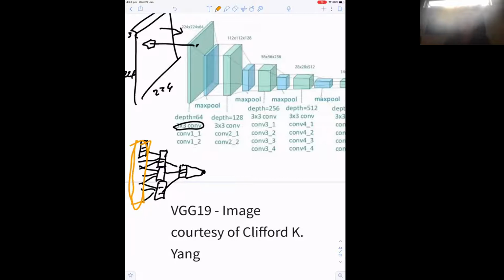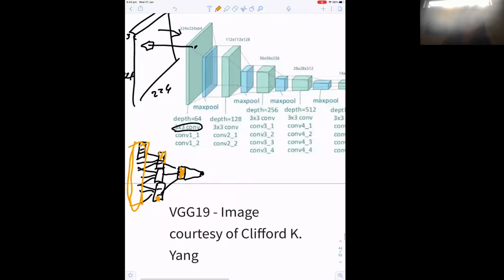Okay, so you just get it because from the first 3 by 3, you then cover a receptive field of 5, and then you cover 2 more, and then you get to a receptive field of 7.